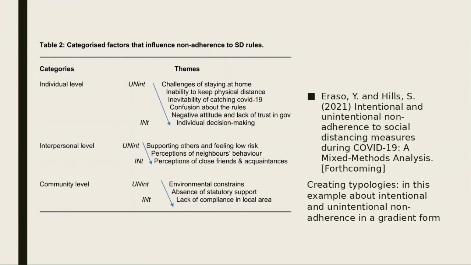This is a typical example of typologies within this framework analysis, where you move, in my case, between two concepts, the unintentional and the intentional one. And there I can use a gradient between to explain those behaviors that I found associated within each of these levels. So the use of diagrams, the use of graphics, those associations between the data are very common and facilitated, I shall say, by the framework analysis.